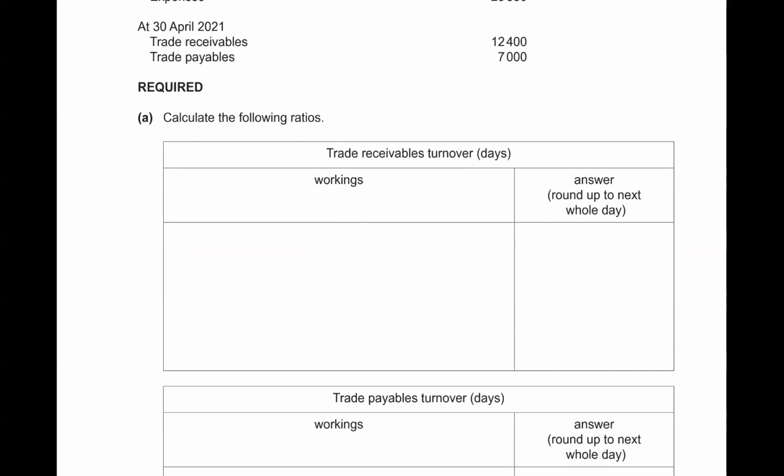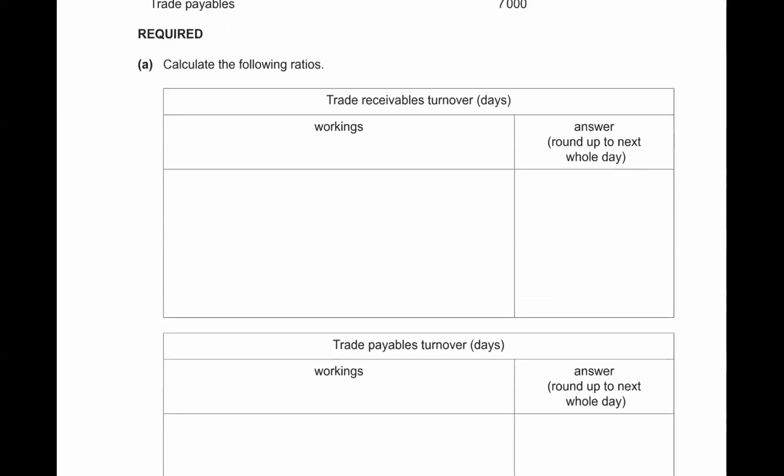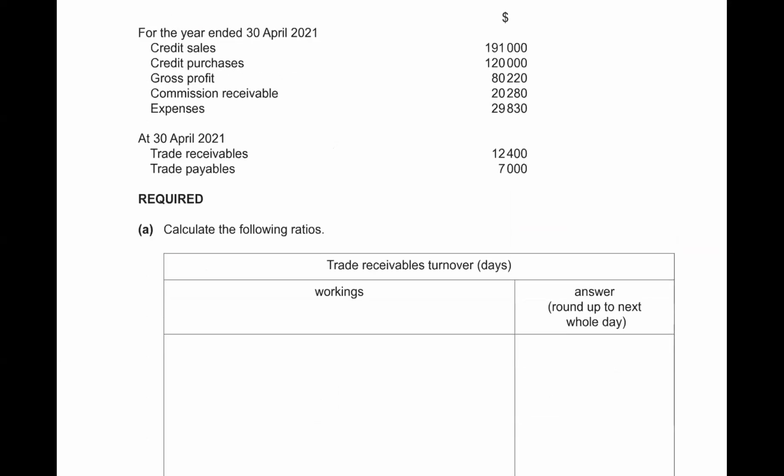To start with, we are required to calculate the trade receivables turnover. How can you calculate the trade receivables turnover? What's the formula, first of all?